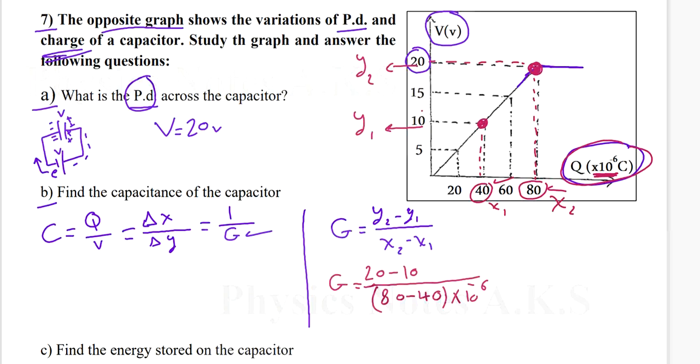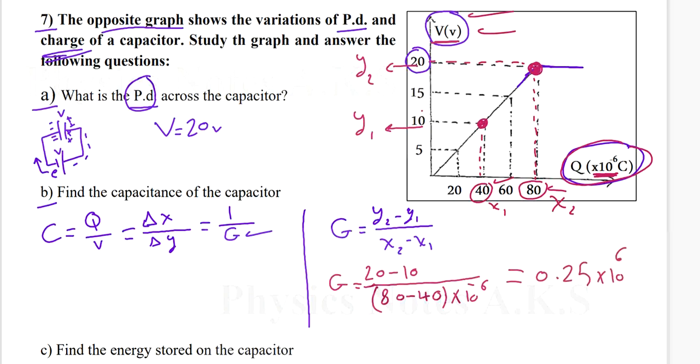I didn't do that with the y-axis because it is in volts, not in, for example, millivolts or kilovolts, and the values are not multiplied by any value. That's why I will keep the 20 and the 10. So the answer here will be 0.25 multiplied by 10 to the power 6.